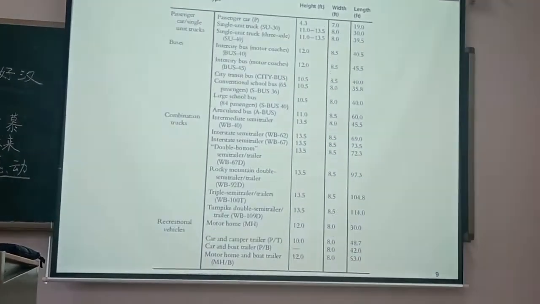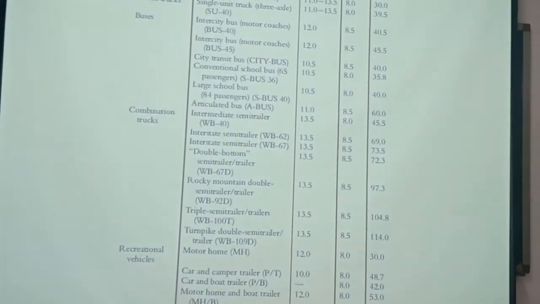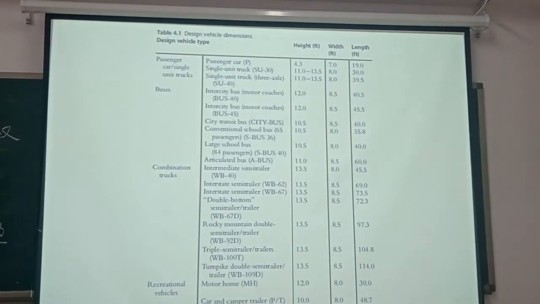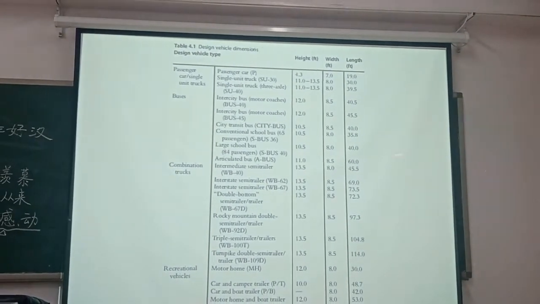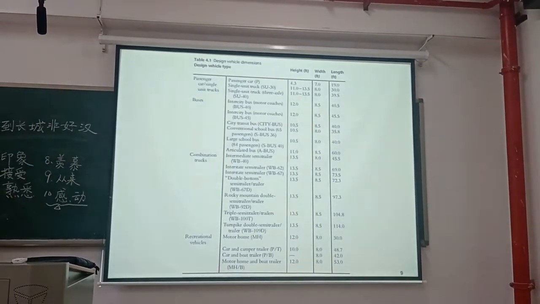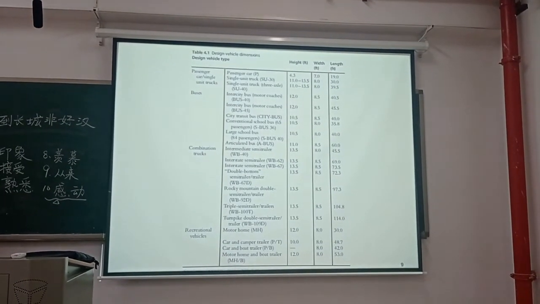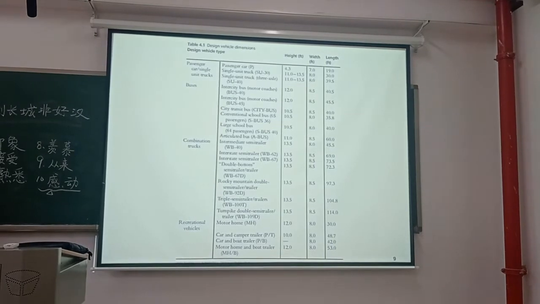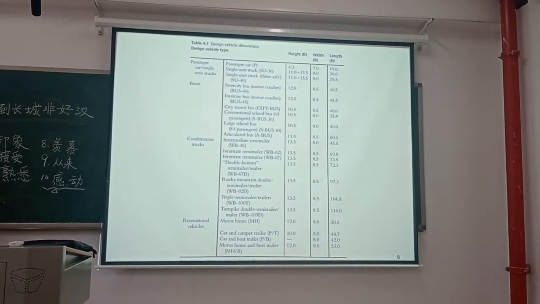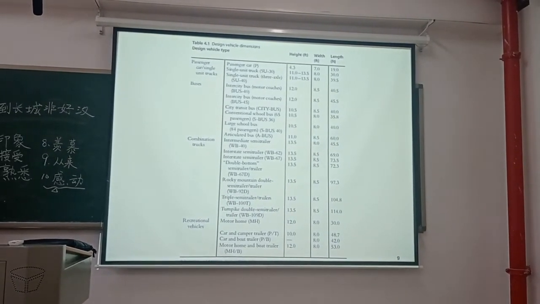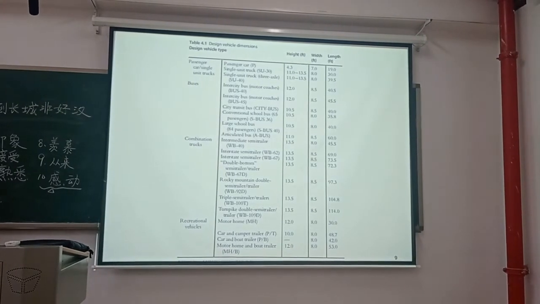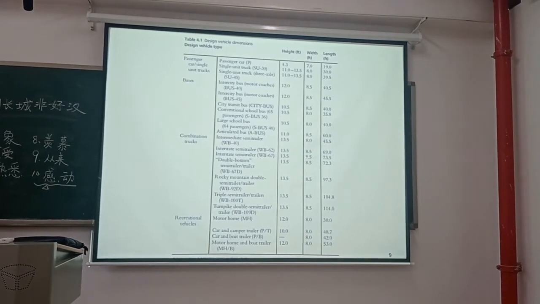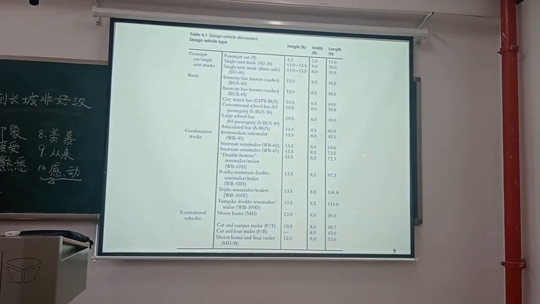The difference in width among vehicles is small, just 7 to 8.5, a difference of 1.5 feet. But the difference in length is large.